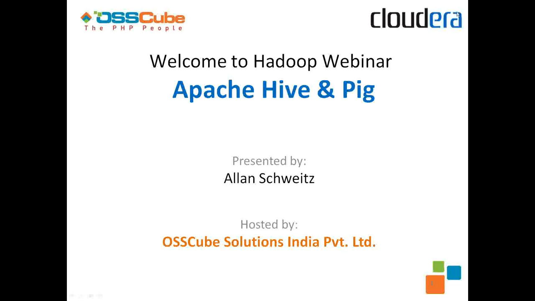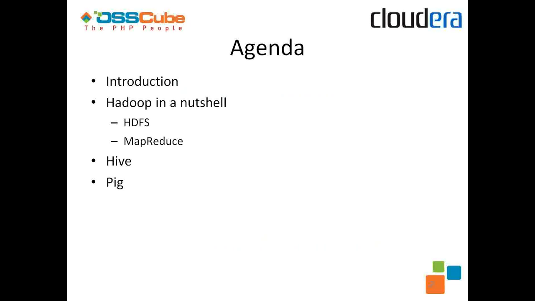Okay. If I can get to the next slide. So basically, the agenda is as follows. Just a brief introduction about what OSS Cube is and what we do, so you have at least a clue about the company. Then for those who don't have any Hadoop experience at all, just to give you a bit of a background, because this is really required to understand Hive and Pig.